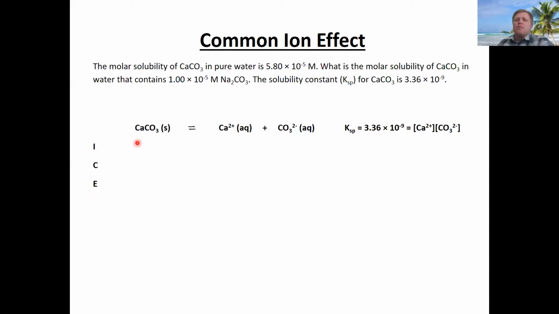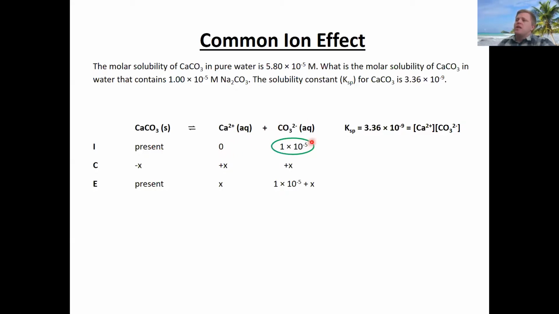So what is the big difference between this problem and the previous problem? Well, it is this. If I fill out my ICE table, you'll notice that the initial values for calcium carbonate are still present. The initial value for calcium is still 0.